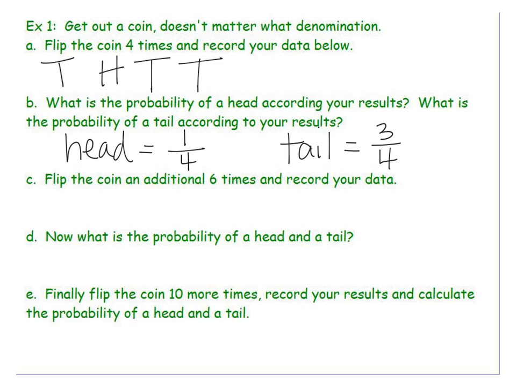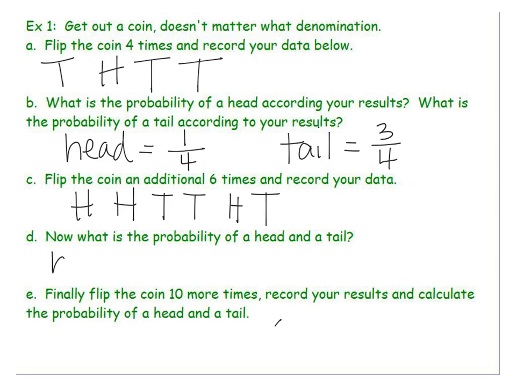Now, we're going to take that same coin and we're going to flip it an additional 6 times. So my results are now another head, a tail, a head, and a tail. So now we would like to look at what is the probability of a head and a tail with the original 4 plus our new 6.